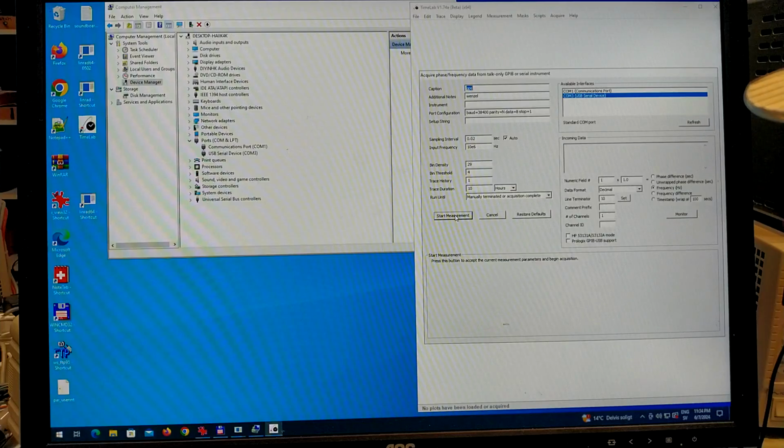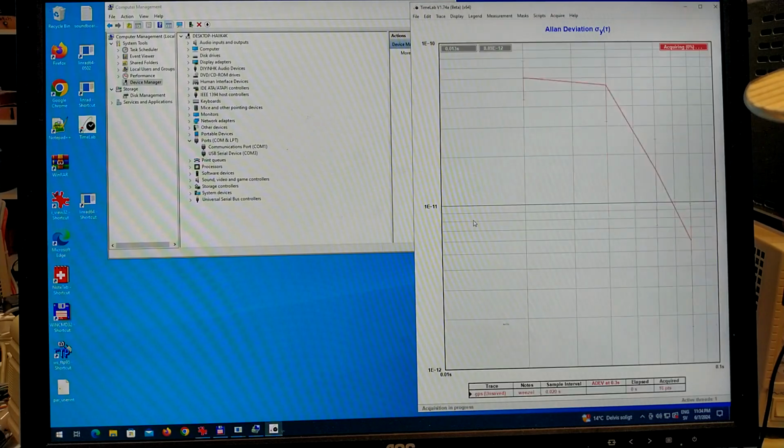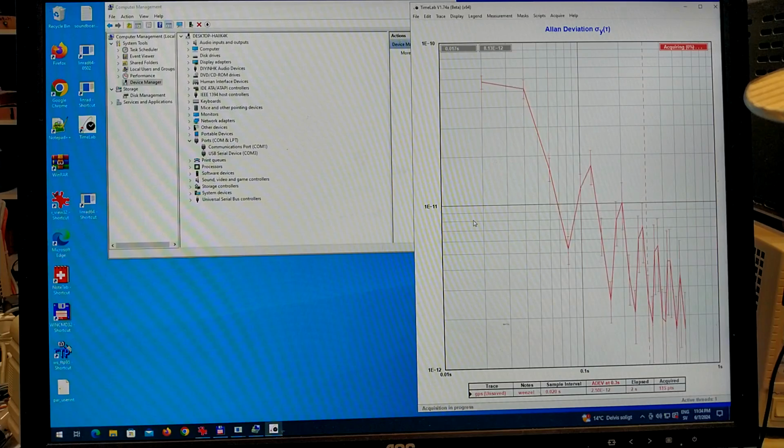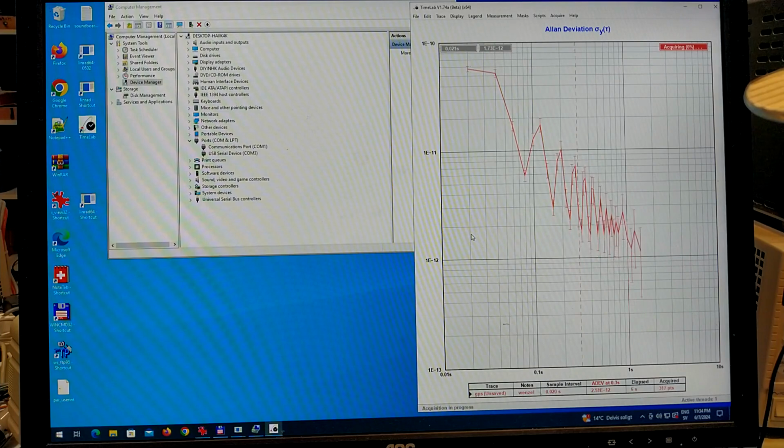Now I start measurement of frequencies rather than phase differences. And this looks more like it to me.